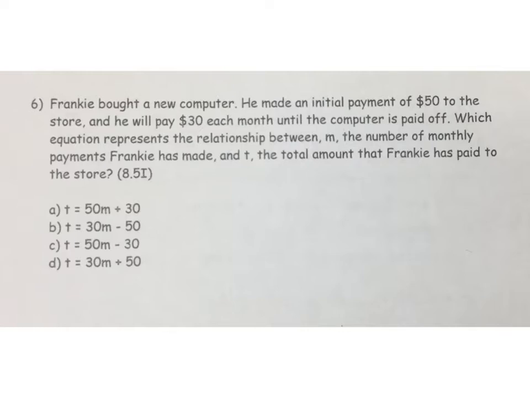Is it A, T equals 50 times M plus 30? B, T equals 30 times M minus 50? C, T equals 50 times M minus 30? Or D, T equals 30 times M plus 50?